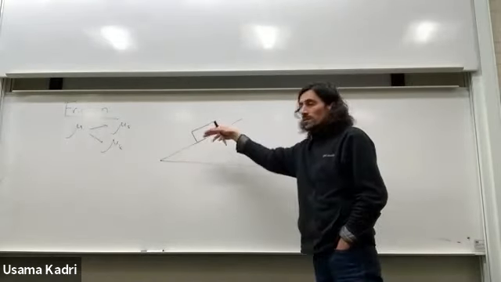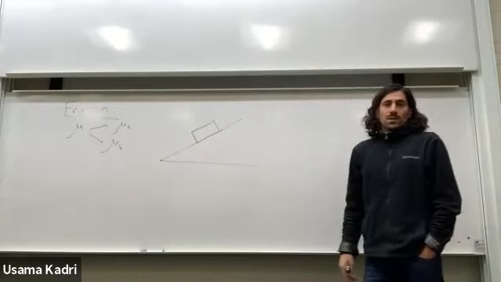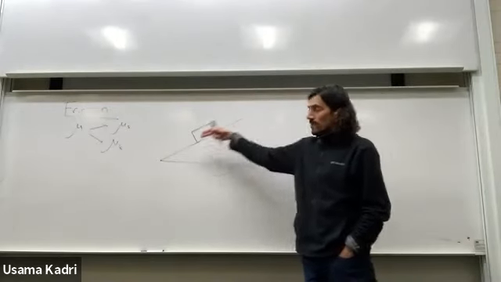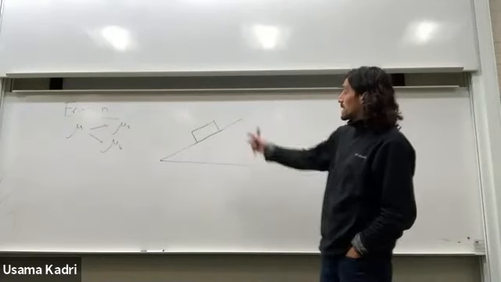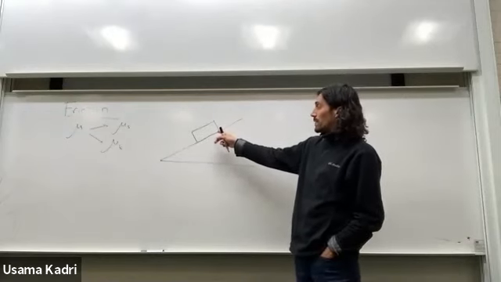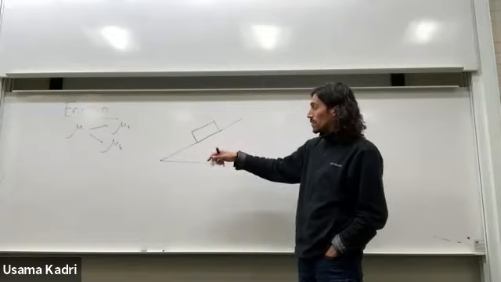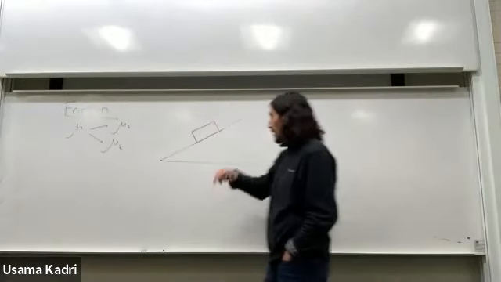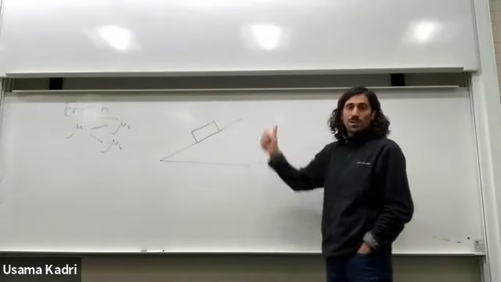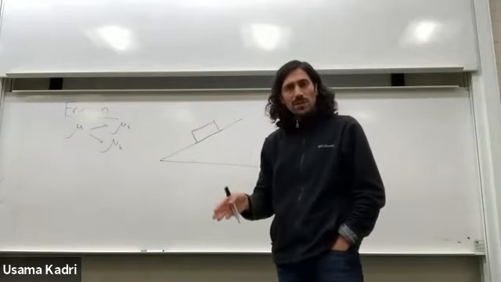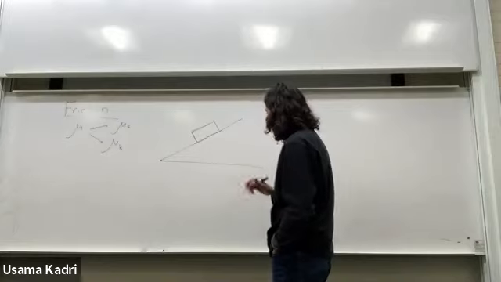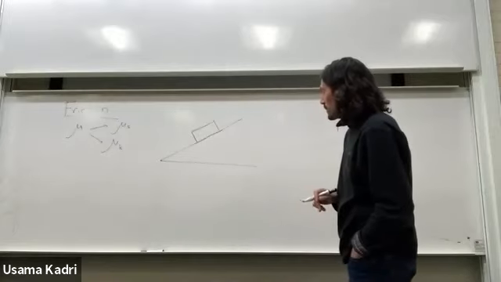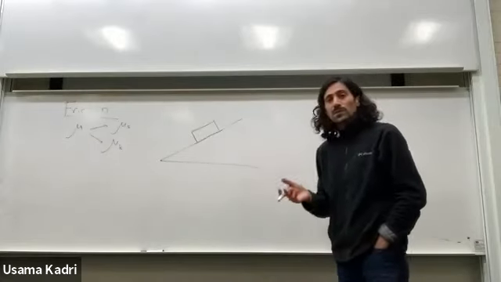Another possibility is that this object is accelerating downwards. In that case, you would have a friction with the coefficient mu k, and the friction would be in the opposite direction. The friction force is always in the opposite direction of the movement.